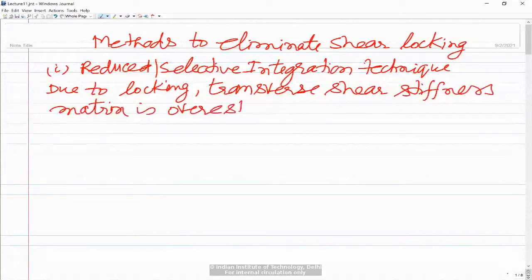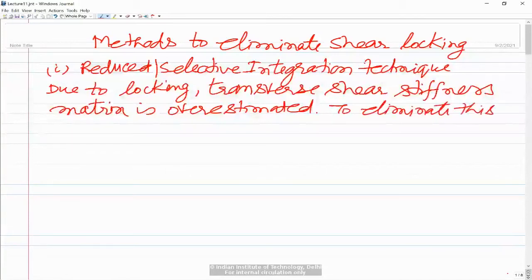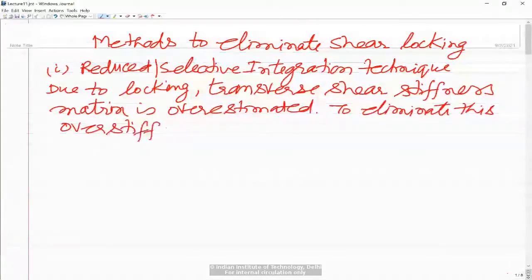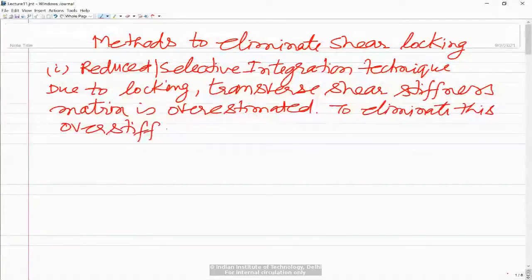This stiffness should be negligible, but it is overestimated. So the transverse shear stiffness matrix is overestimated, and to eliminate this over stiffening, reduced or selective integration is used.